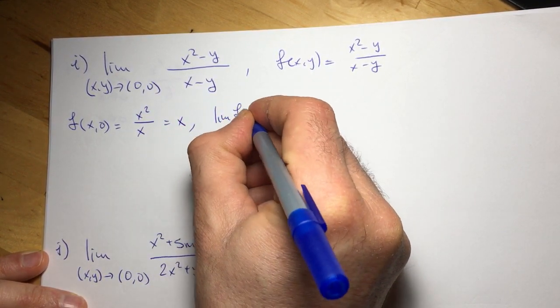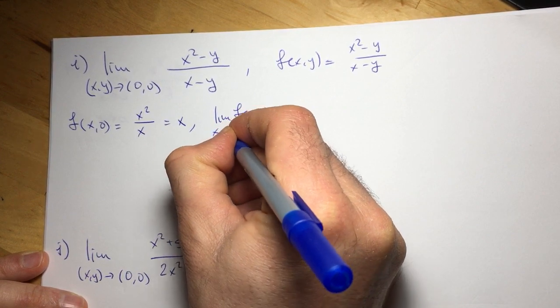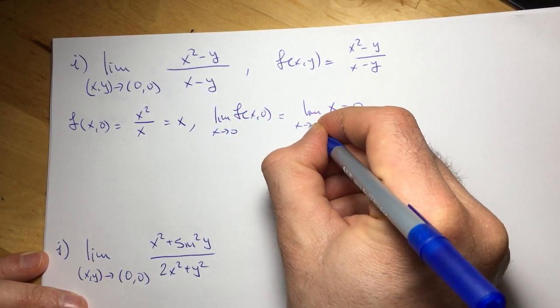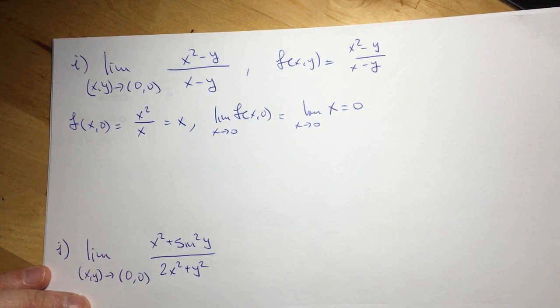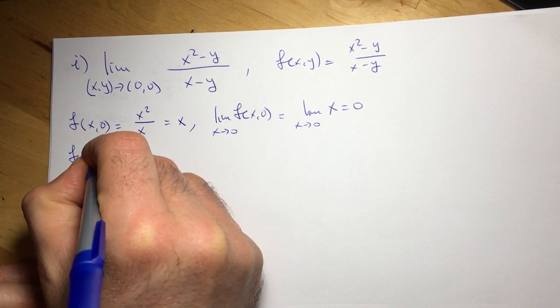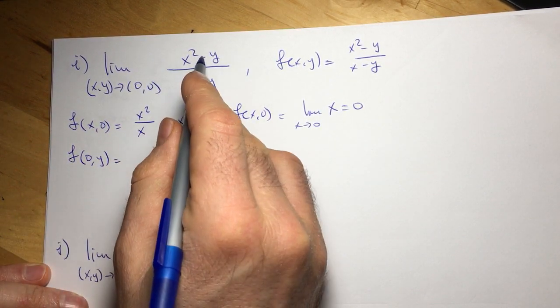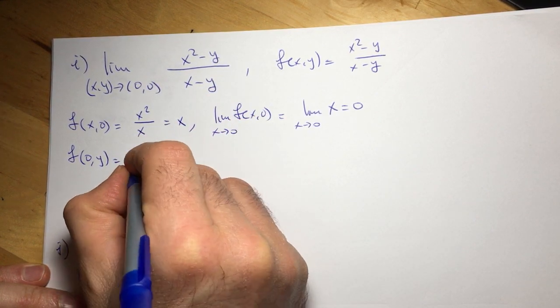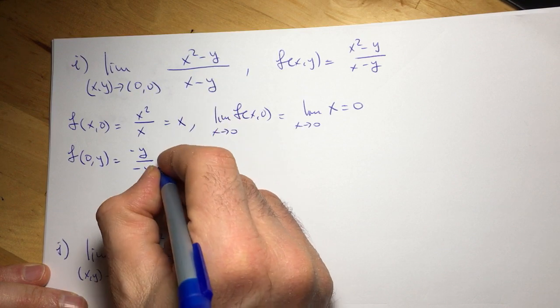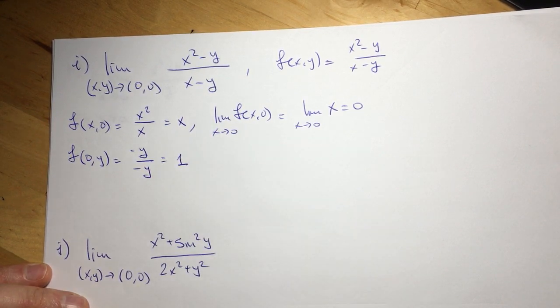So the limit of f of x 0 as x goes to 0 is equal to the limit of x, which is equal to 0. What about f of 0 y? Then I get negative y over negative y, which is equal to 1.